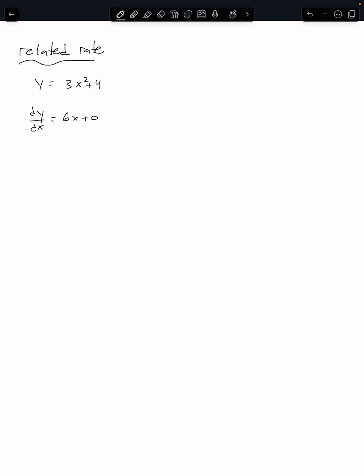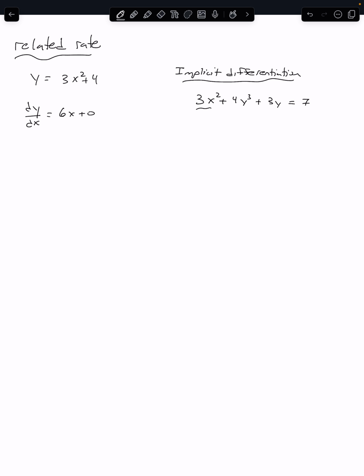Over the last couple of days, we've been discussing something called implicit differentiation. And that is saying, well, how do we take the derivative if we don't necessarily have a function? Something like 3x squared plus 4y cubed plus 3y equals 7. Let's say we want to take that derivative here.